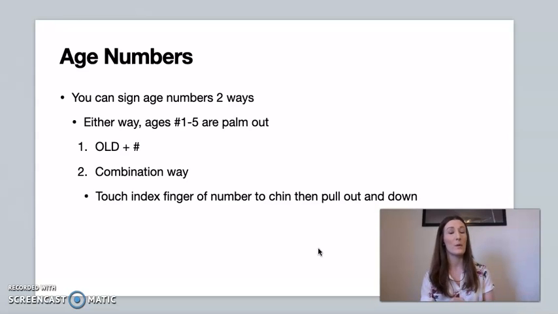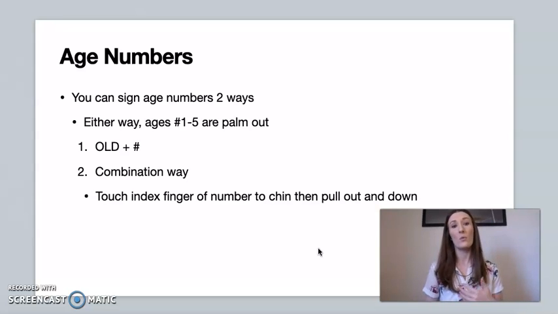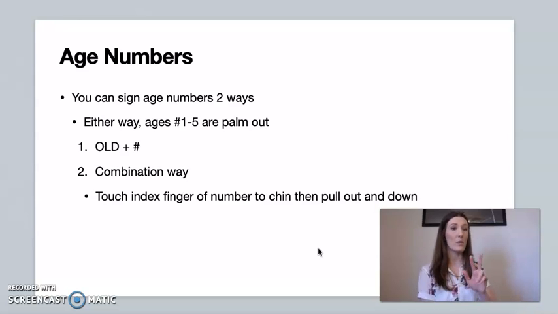So that first way, you are going to sign old, and then do the numbers. So old 5, old 10, old 30. Or you can combine old and the number. You're going to take your index finger of that number. So like, what was my first one? 5 years old. I'm going to take that index finger, start it on my chin and pull down and out. 5.